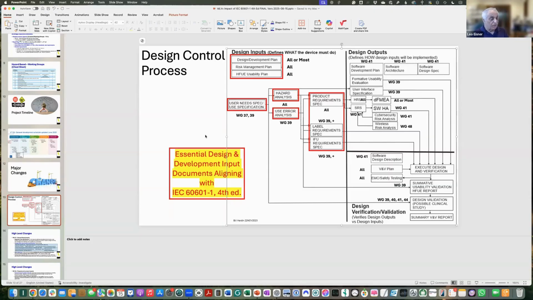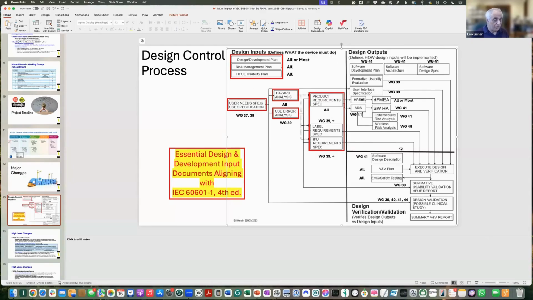So things are going to flow through from design inputs into design outputs. It's going to impact all these documents. So it's going to impact your QMS and your design control process, obviously. So that's the point. It's going to impact your whole QMS process, that you're going to have to be aware that it's going to have a huge rollout through your system.